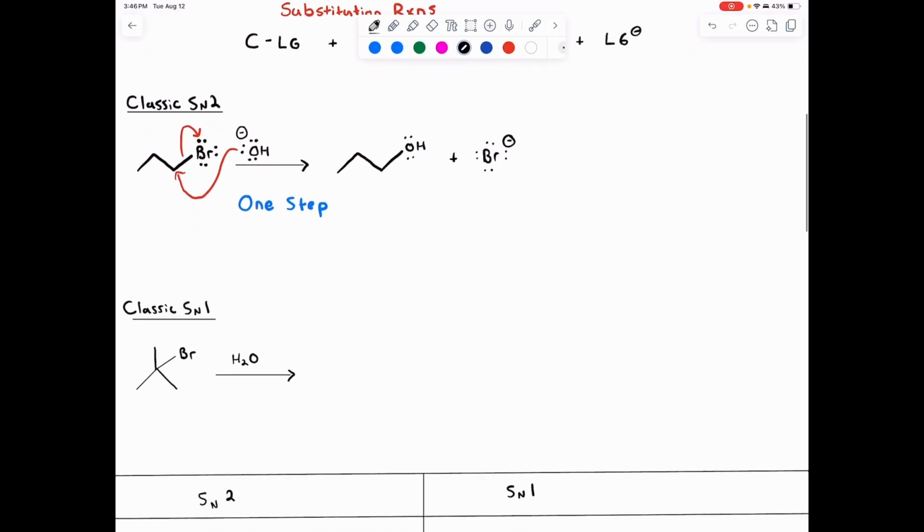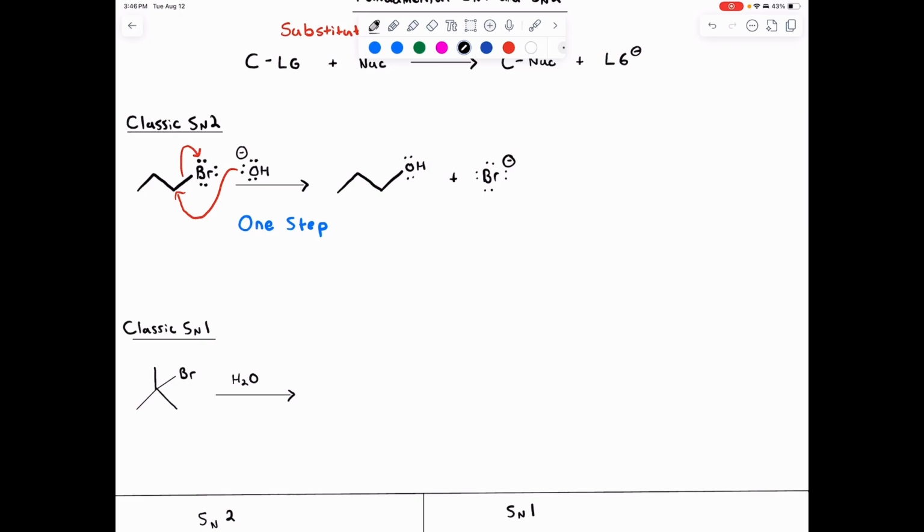Now, again, I'm going to show you a classic example of SN1. Take my word for it. For the time being, you don't need to know why. The key takeaway I want you to have about SN1 is that SN1 happens in multiple steps. It's a bit more complicated than SN2.